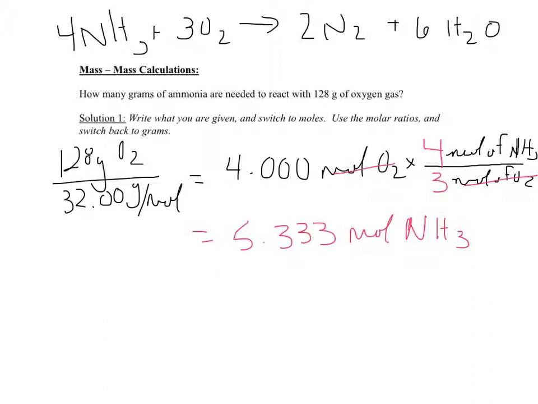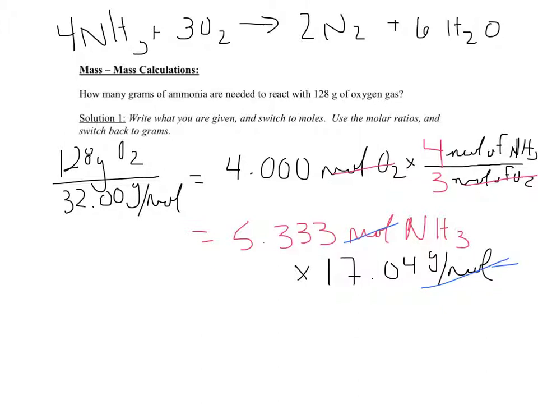Now that I'm at ammonia, I need to convert ammonia to grams. So how do I go from moles to mass? You're right. I need to multiply by molar mass, and the molar mass of NH3 would be 17.04 grams per mole. That causes my moles to cancel out. So by moles, see you later, leaving me left over with grams.